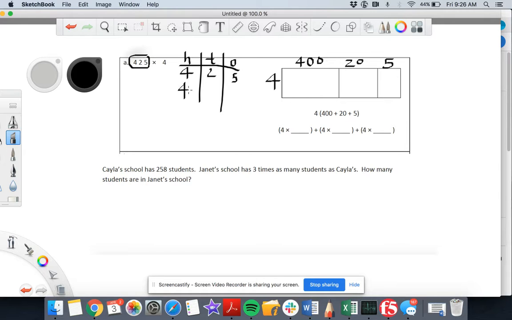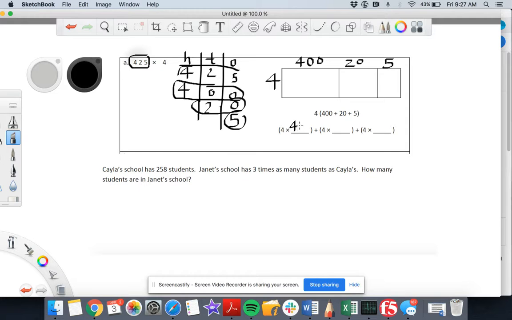So this 4, I would put 0, 0 because I have 2 place values after the 4. This 2 in the tens, I have 1 place value. And then in the ones, this 5, I don't have any place values after it, so I do not have to add any zeros. And that is how I decomposed the number into 400 plus 20 plus 5.